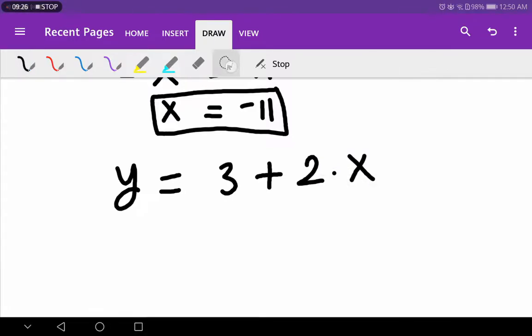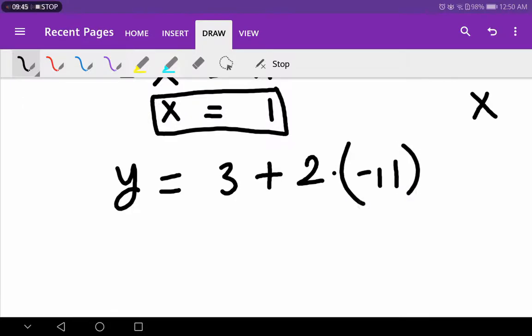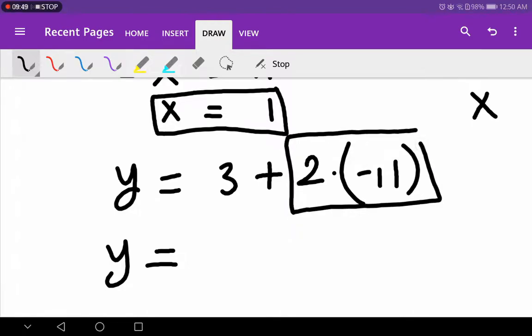So I remove the x and bring the actual negative 11, and do my calculation. I do the multiplication before the plus. It is negative 22 plus 3, like this.